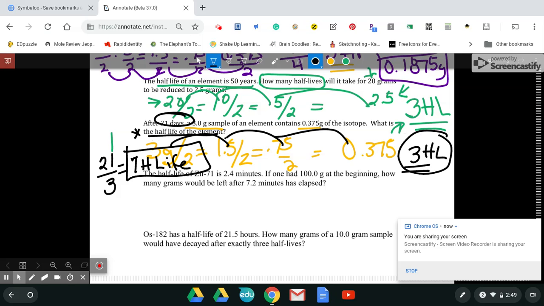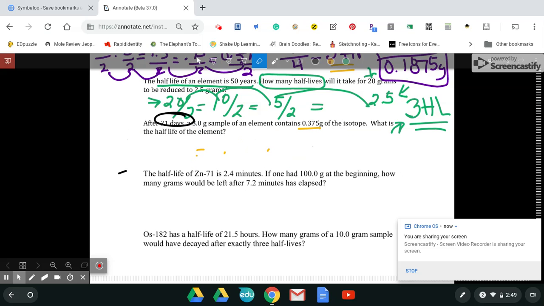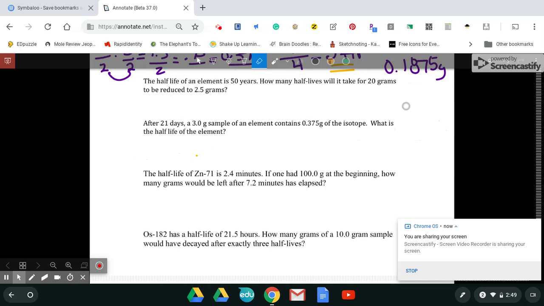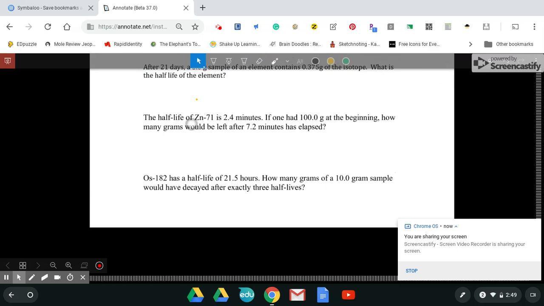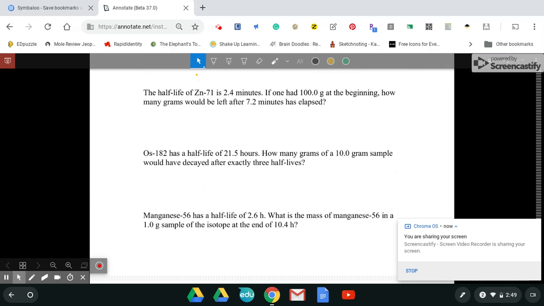Okay, so I'm going to erase some of this so we can see the next problem. All right. So here's my next one. It says the half-life of zinc 71 is 2.4 minutes.